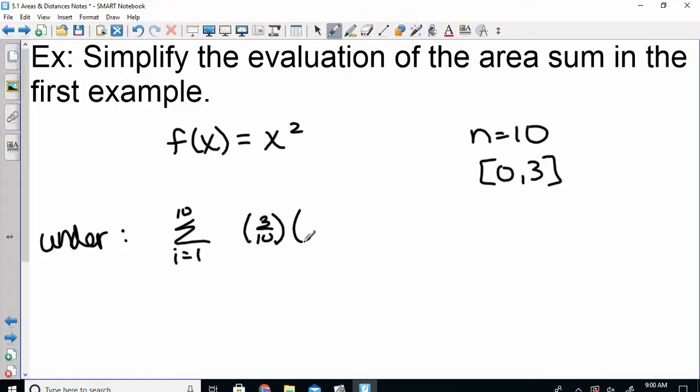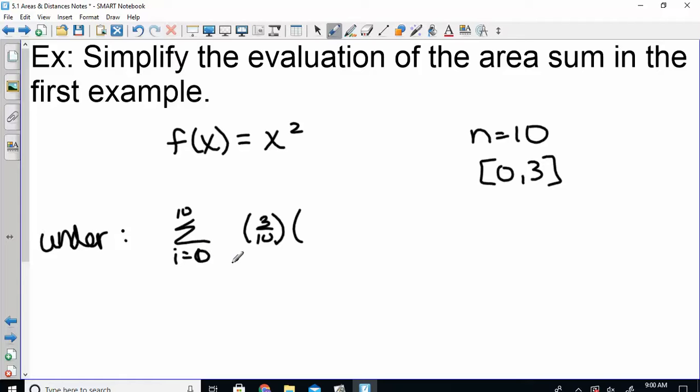And how did we get the y value, the height of these rectangles? Look back at your work. What was the first number we plugged in? So if we started with 1, yeah, with the underestimate we actually started with 0, didn't we? So let's adjust this.